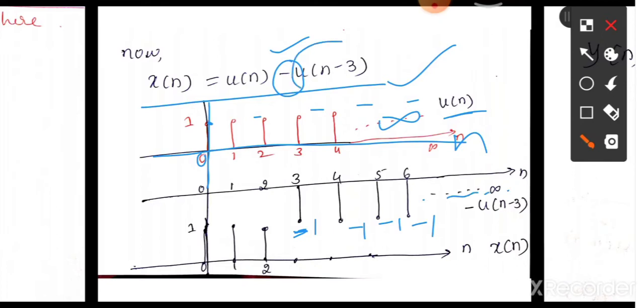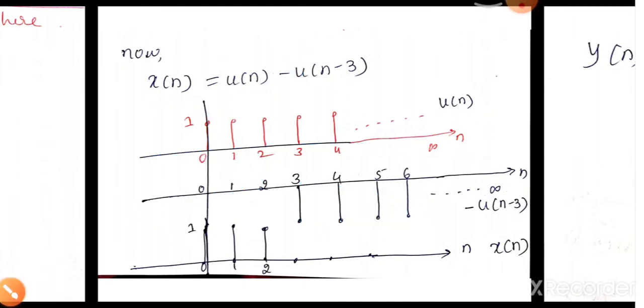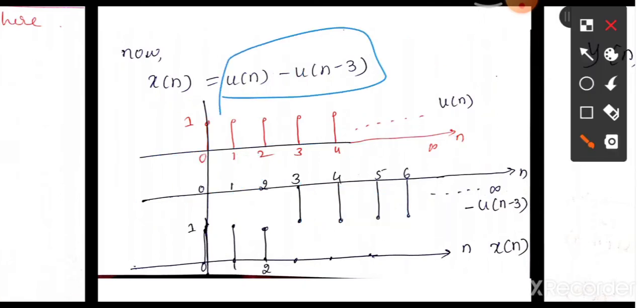The thing is u of n minus 3. N minus 3 means n starts from plus 3. That means the signal starts from plus 3. Its magnitude is minus 1, which is your minus u of n minus 3. Okay, then simplify, that is add both, u of n plus minus u of n minus 3.